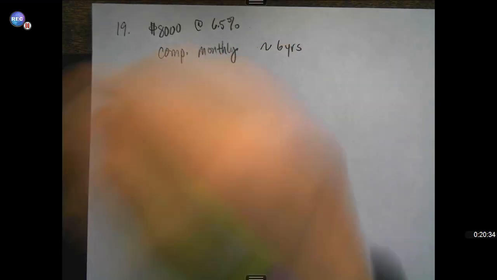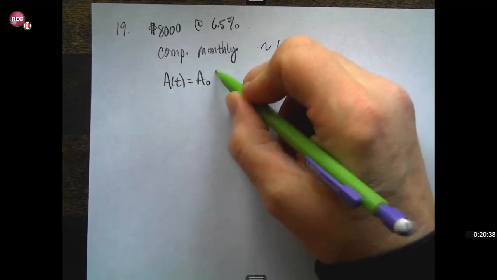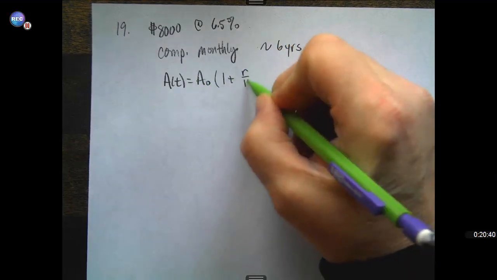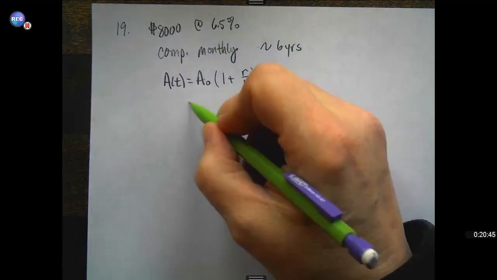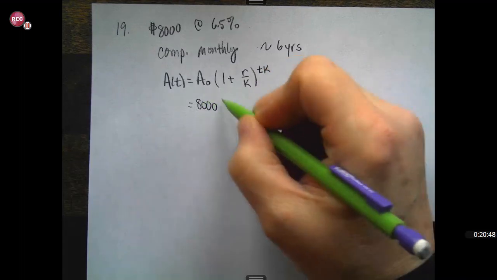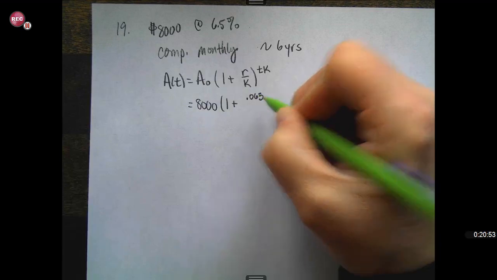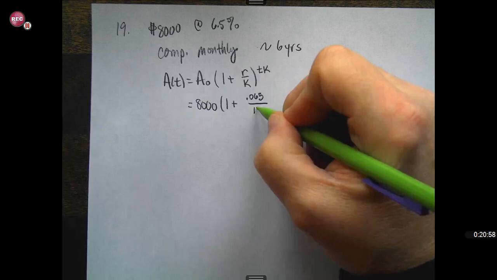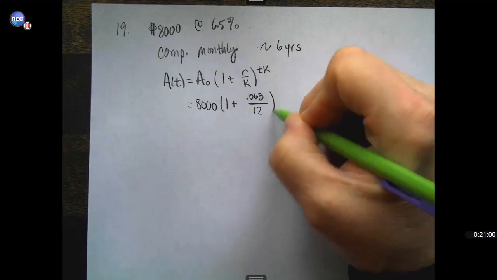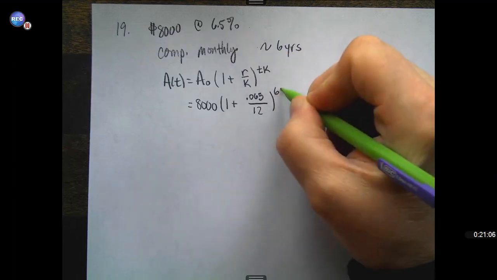So the equation we want to use for this is A of t equals A sub 0 times the quantity 1 plus r over k to the tk. So our initial amount of money is 8,000. 1 plus r is 0.065 over, it's compounded monthly, so k is 12. And then that's going to be for 6 years, and then times k, which is 12.